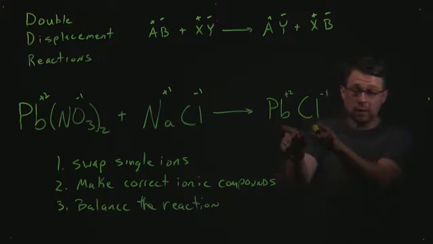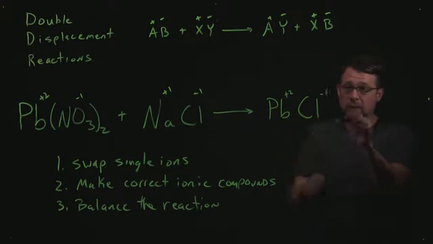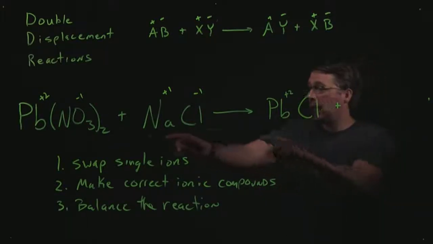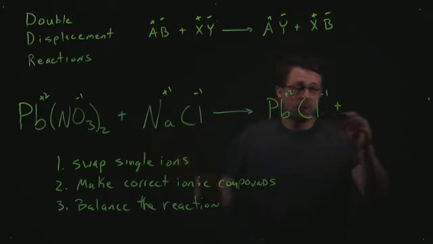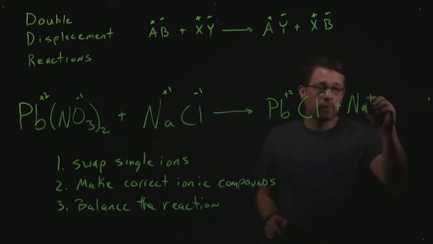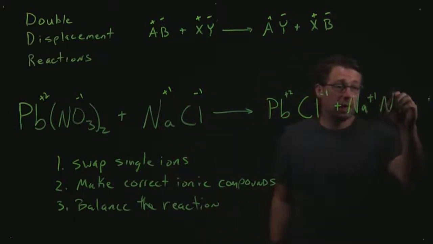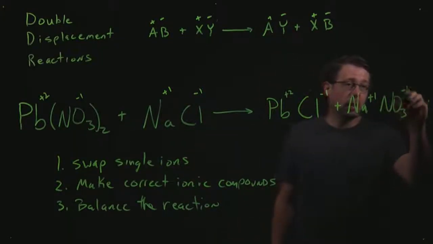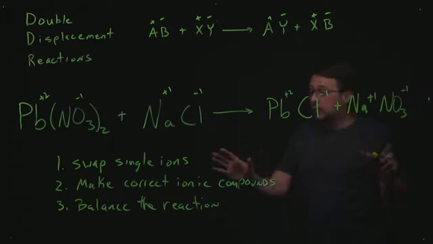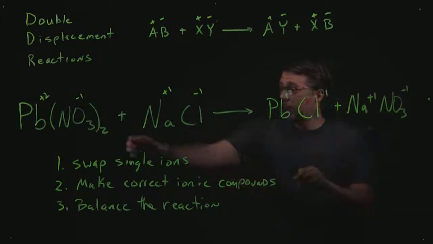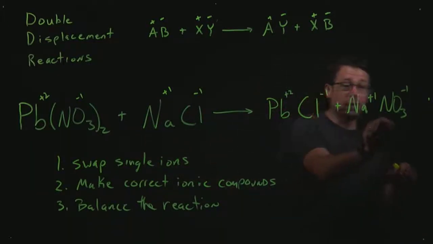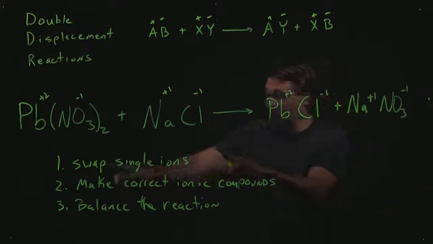Now this isn't a correct ionic compound yet, but I'll make it a correct ionic compound. And then plus, I'm going to take the cation from this side with the anion of the other one. And I'm just taking one of them. Now, the reason we do this is so that we don't bring this 2 automatically over to this side. Okay, so we've swapped our single ions.